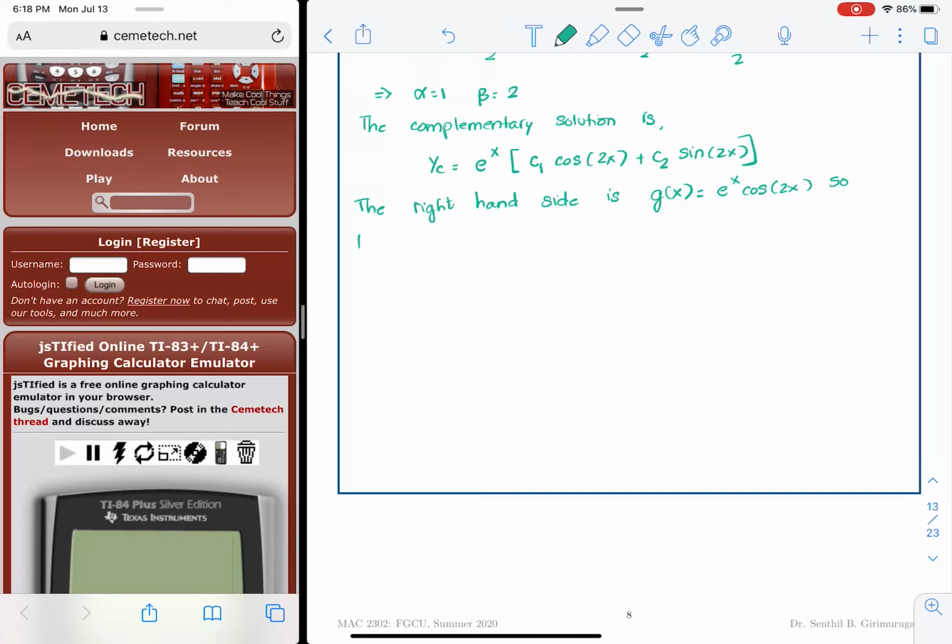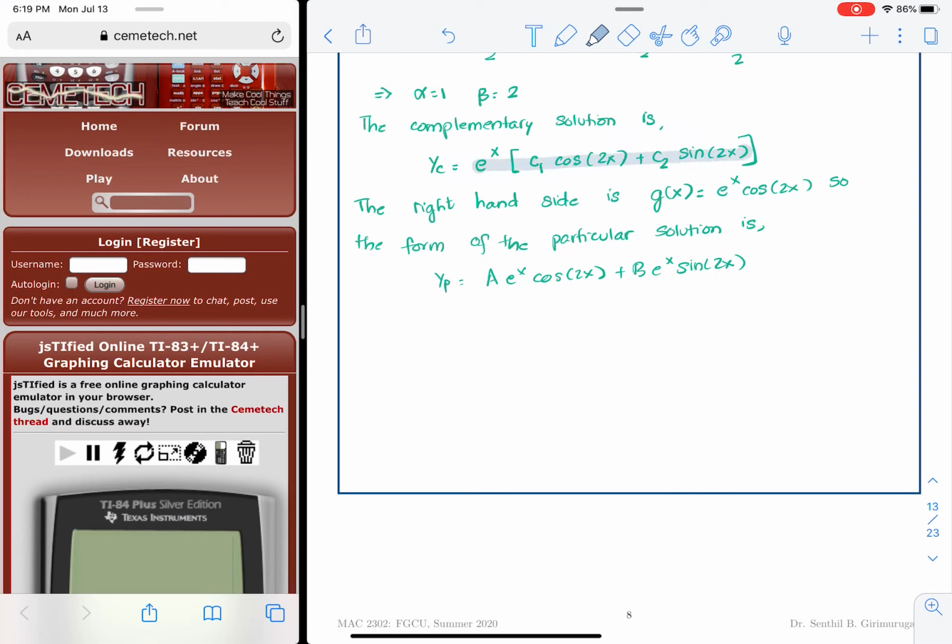So the form of the particular solution is, you look at that and we can't simply say yp has to be a e raised x cosine 2x plus b e raised x sine 2x, because that is simply a replication of what we have already.